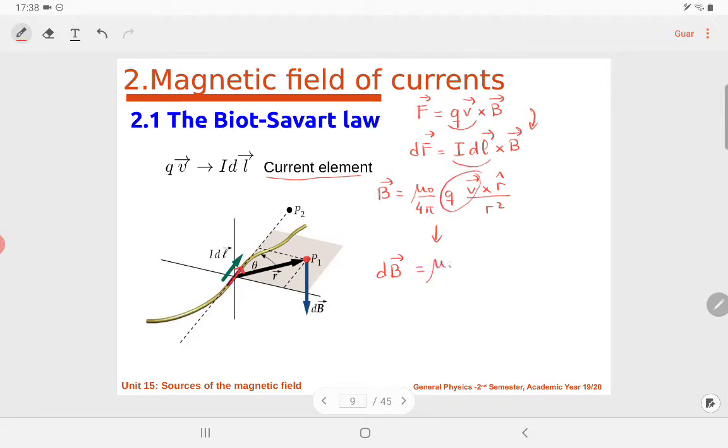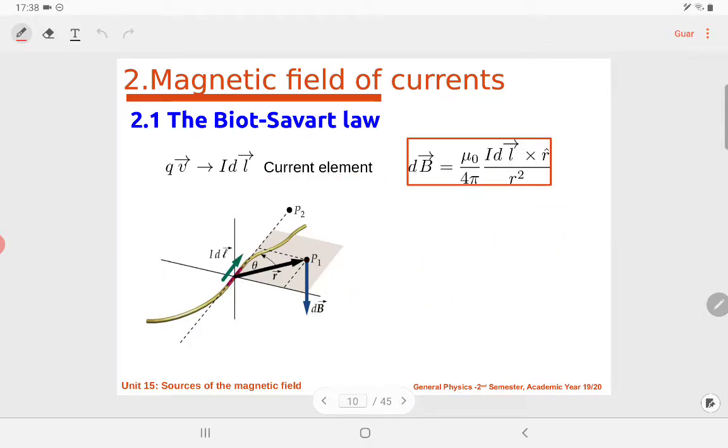This is going to be mu sub 0 divided by 4 pi times the electric current, times the differential of path dl, which has the direction of the current, times the cross product of this direction with the unit vector that gives you the distance to the point. If you see, we've only changed this part here, and this is what is known as the Biot-Savart law. You have it in the slide here.